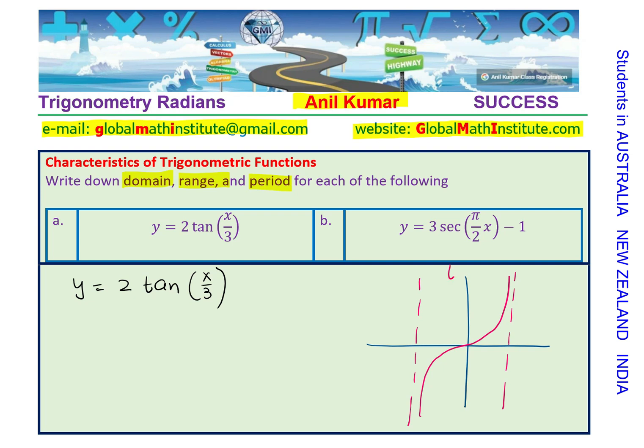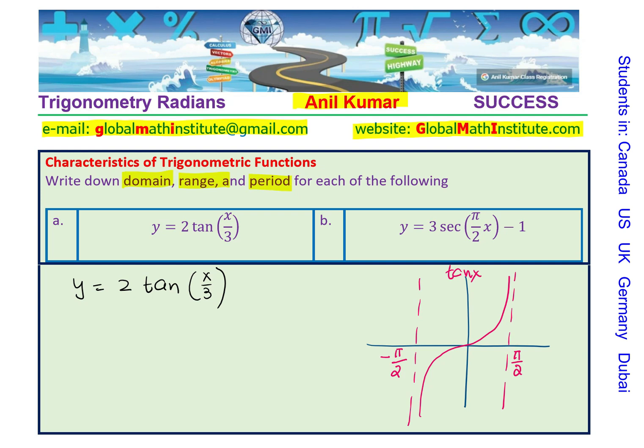So when tan x is concerned, the vertical asymptotes are from minus pi by 2, there's one, and then every odd multiple of pi by 2. Those are the asymptotes for tan x.